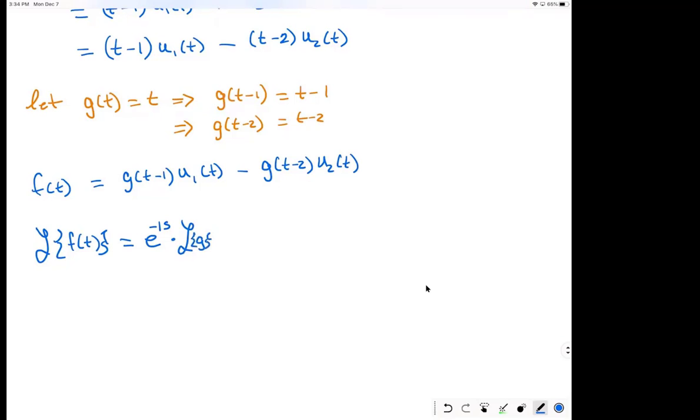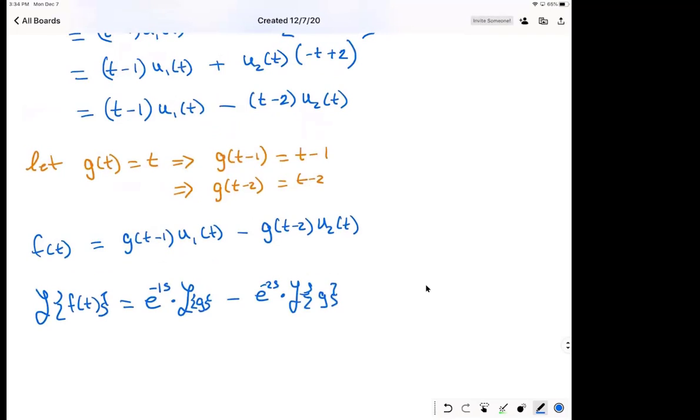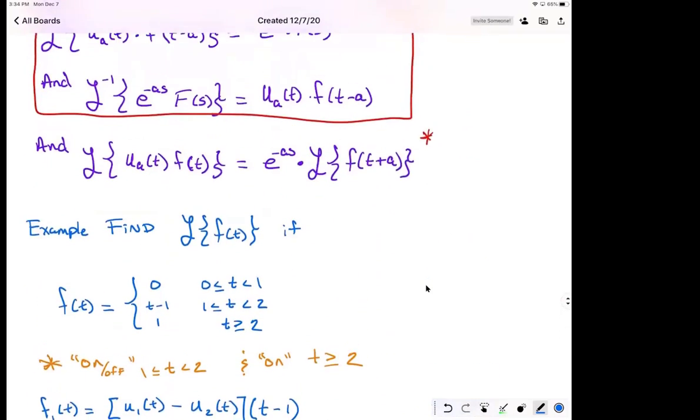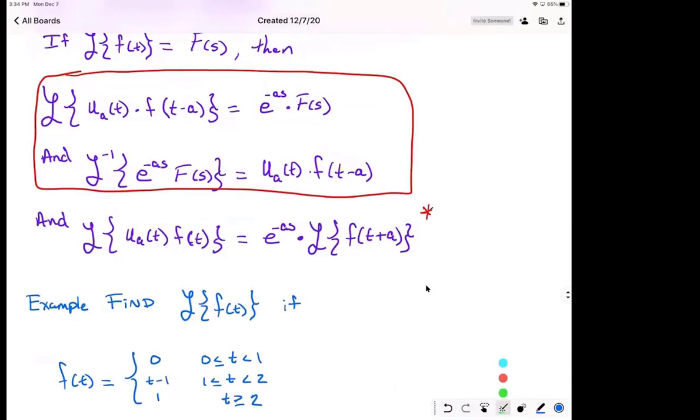And then minus e to the minus 2s times the Laplace transform of g. So I'm sort of doing it that way for emphasis. And remember, g is this t minus 1 and t minus 2, but I made those substitutions, so it's really g. And so I have used the second shifting theorem to do this part.